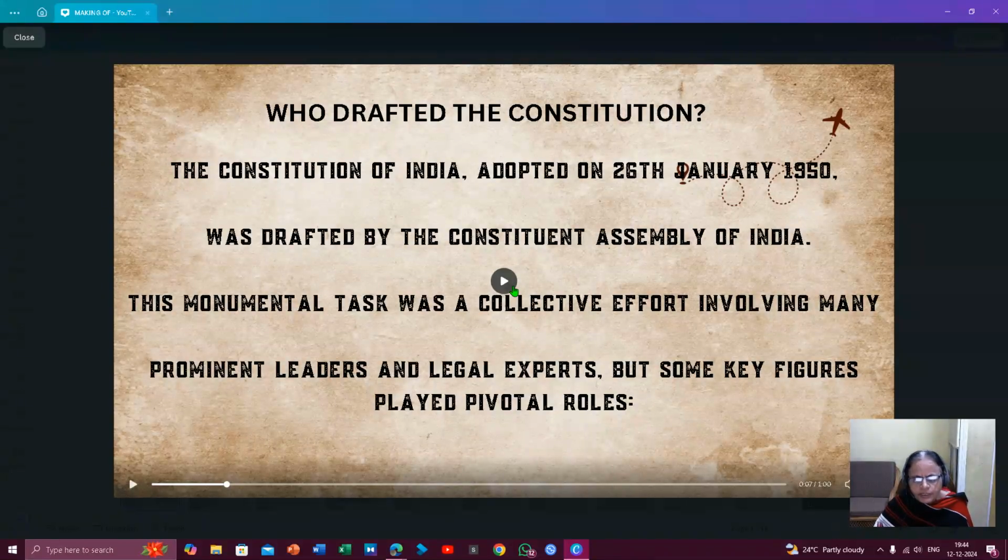All of them collected information from different constituent assemblies, and the prominent leaders and legal experts brought all the information. They looked at the need in different areas, about reservation, how they were supposed to frame the constitution, and the caste system.